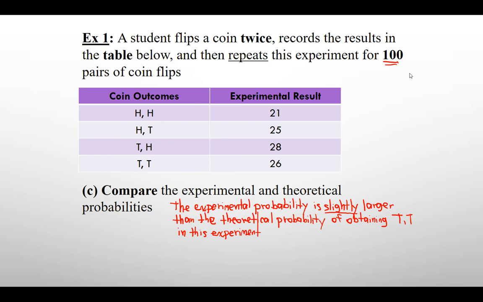If you only perform the experiment a few times, there are not enough trials to get that even distribution in terms of expecting each result 25% of the time. The more times you perform the experiment, the closer the experimental results get to matching what should happen in theory.